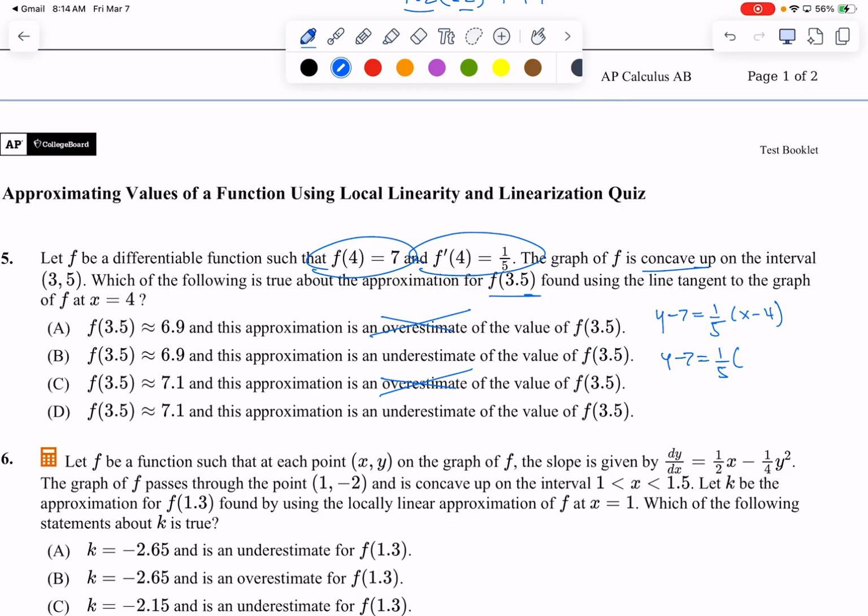So 1/5 times 3.5 minus 4, and I'm going to go ahead and add the 7. 3.5 minus 4 is negative 0.5, which is negative 1/2, is it not? So that's going to give me negative 1/10 plus 70 over 10, which is going to be 69 over 10, which is 6.9. So the answer is definitely B. Is that easy?